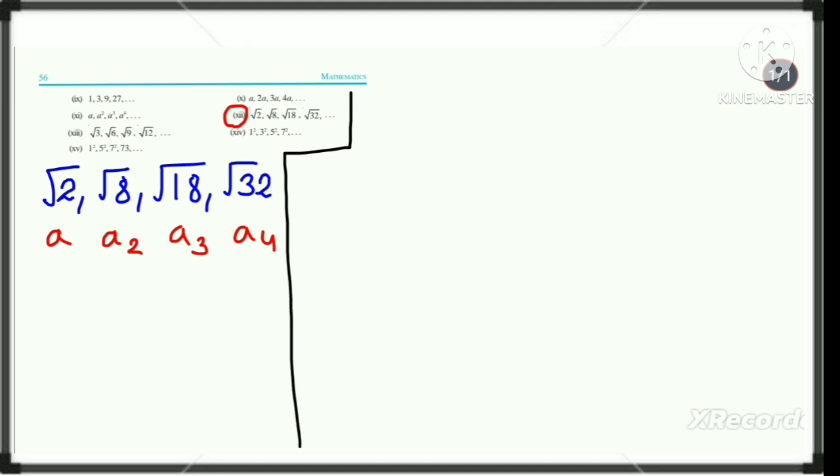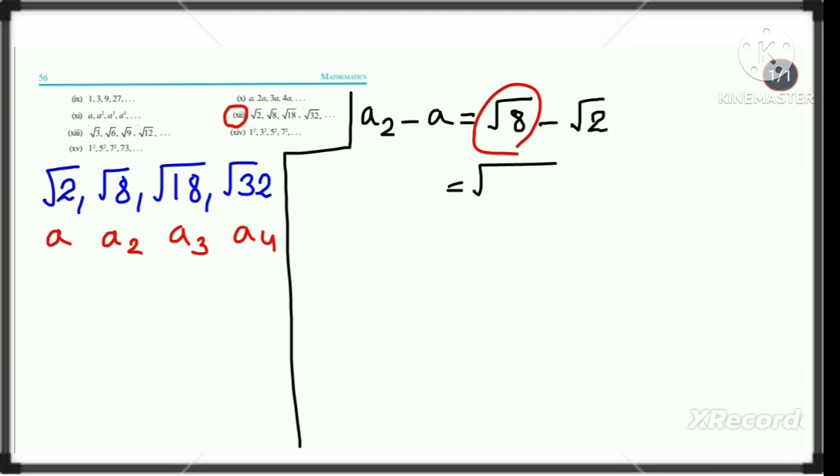Firstly, difference between a2 and a1. a2 equals root over 8 minus a1 equals root over 2. And here this root over 8 can be written as its prime factors, 2 into 2, 4, 4 into 2, 8, minus root over 2 as it is.